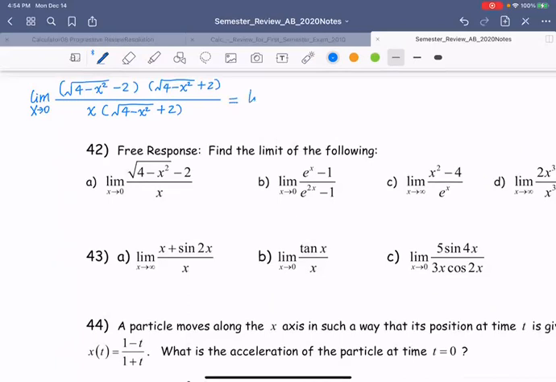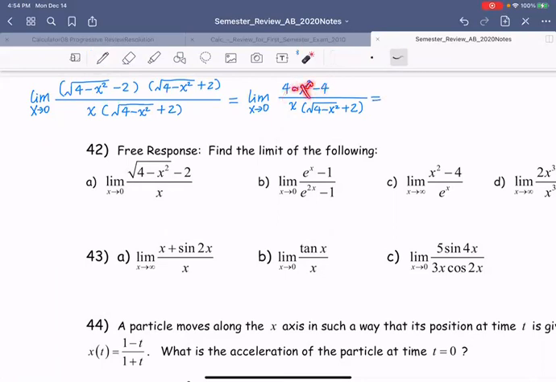So the top one becomes 4 minus x squared minus 4, okay? Then this is canceled.